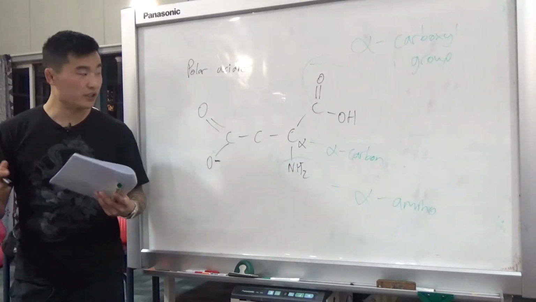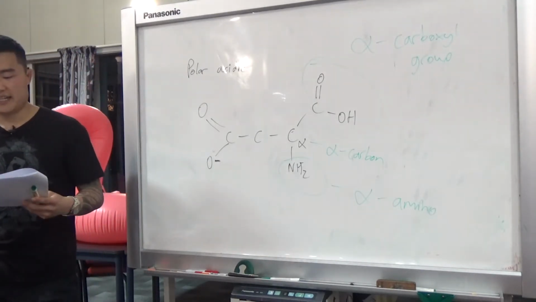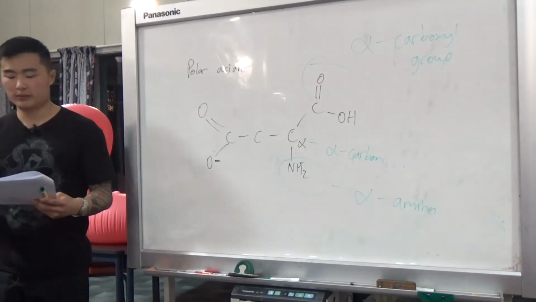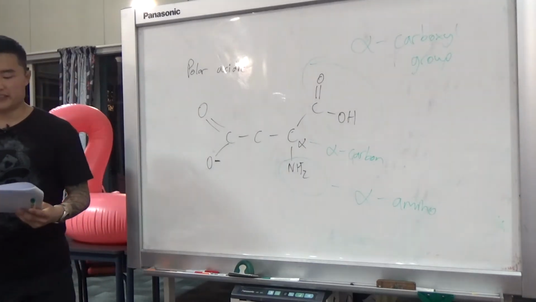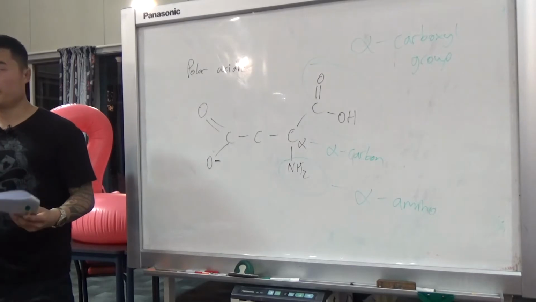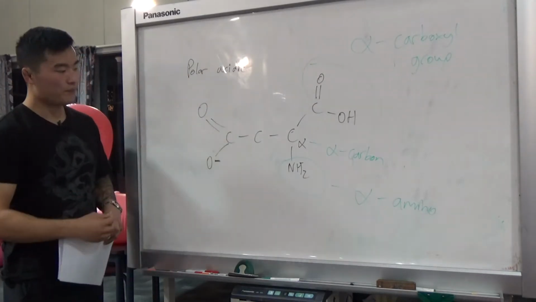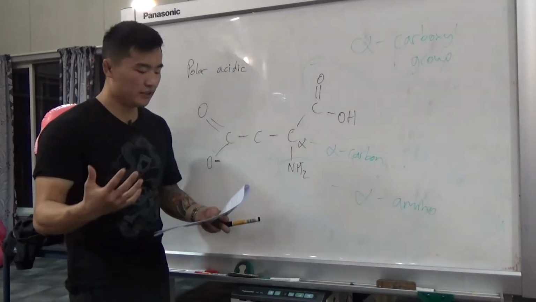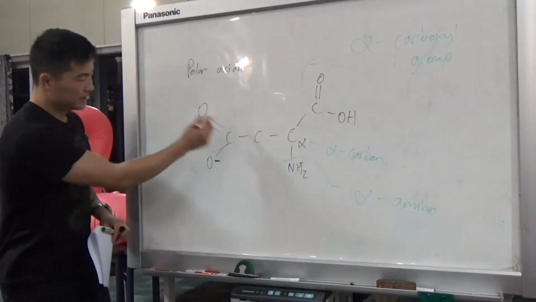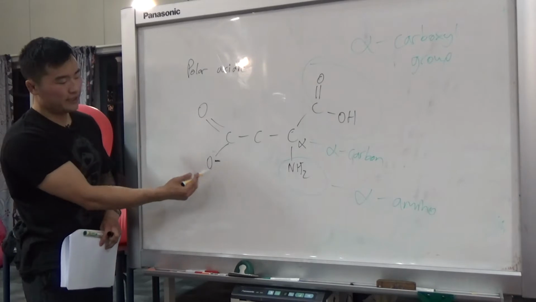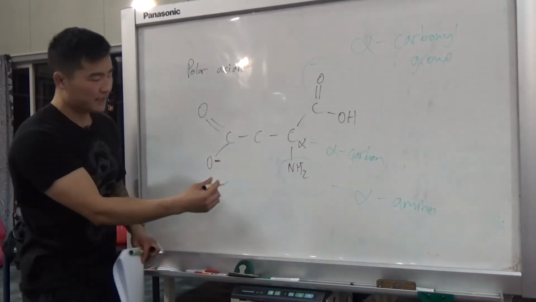And so question number 2, what would the net charge be on the free amino acid shown above at pH 7? If it's a free amino acid, it just means that it's not part of a protein. It's just free like it is here. At a pH of 7, this carboxyl group would be deprotonated, so it'd be negatively charged.